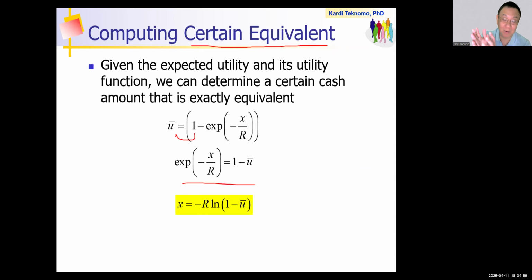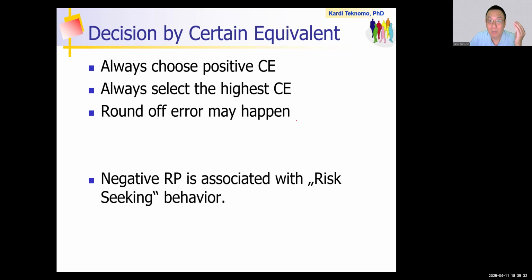That's why certain equivalent is put in the slide of utility theory instead of in the risk analysis. Even though it's related to EV, how are we going to calculate the certain equivalent? It's based on utility. So this is a continuation of earlier. If you know the utility and you know the R, you can calculate the certain equivalent. Now how are we going to decide based on certain equivalent?